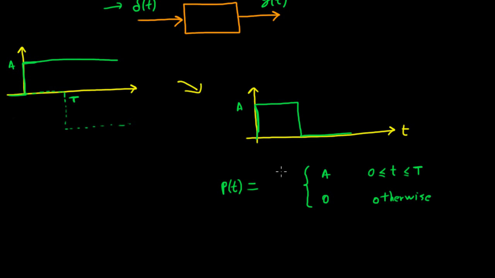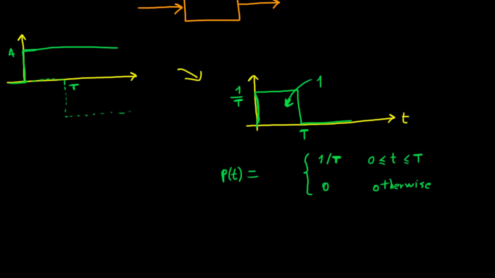This is a pulse. Well, there's a special case of the pulse in which we want this area to be 1. So if this is T, to do so we have to replace this a by 1 over T. So here we have 1 over T. And in that case the pulse has unit area below.